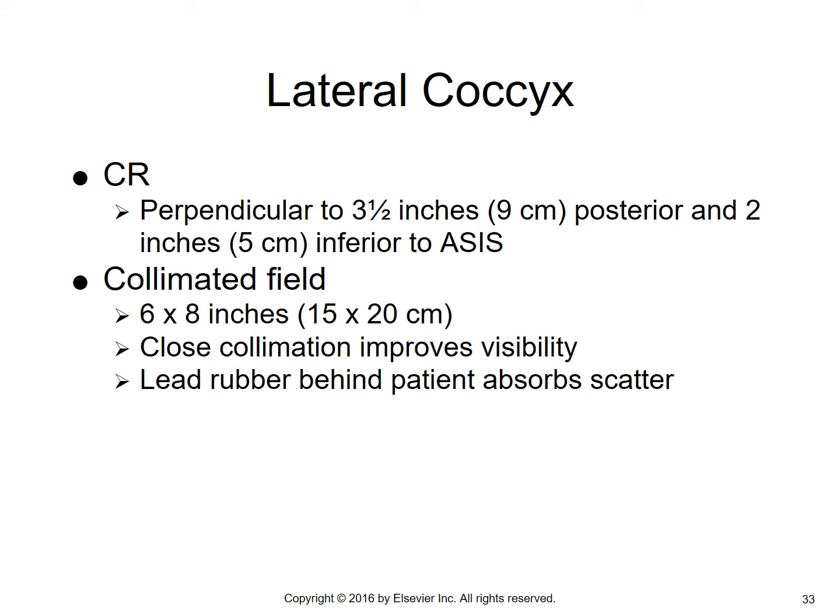So from the ASIS, you go 3.5 inches back, and then 2 inches down. Collimated field is 6 by 8 inches. Close collimation improves visibility. You're getting rid of a lot of that scatter, and there is a lot of scatter, so lead rubber behind the patient is used to help absorb even more of the scatter before it reaches the detector.